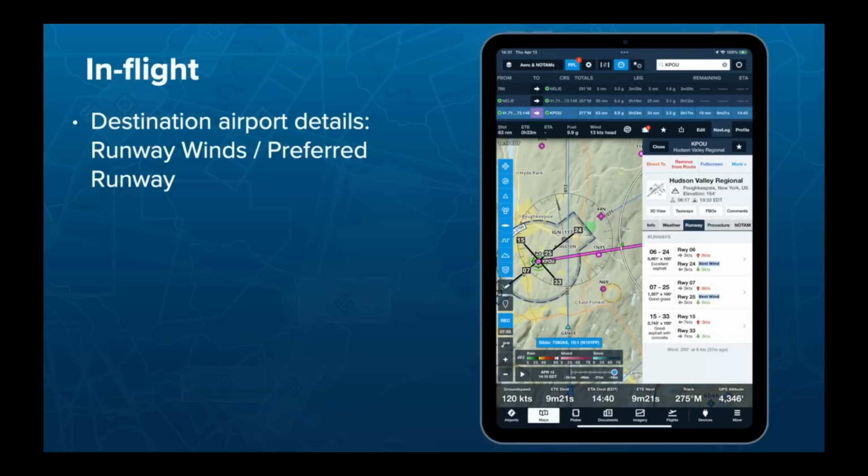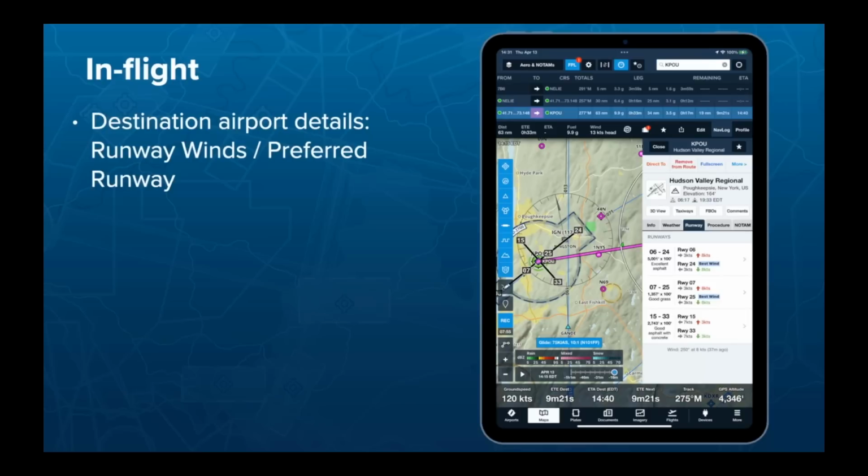Now, granted, if you're flying IFR, a lot of that will be done for you, but it's still nice to have a sense for, you know what, probably going to be landing on runway 24. And once you have made that determination, the next thing I like to do is actually highlight that runway.